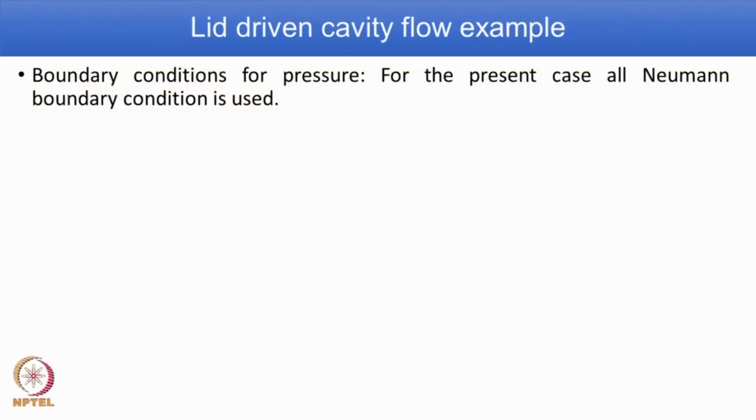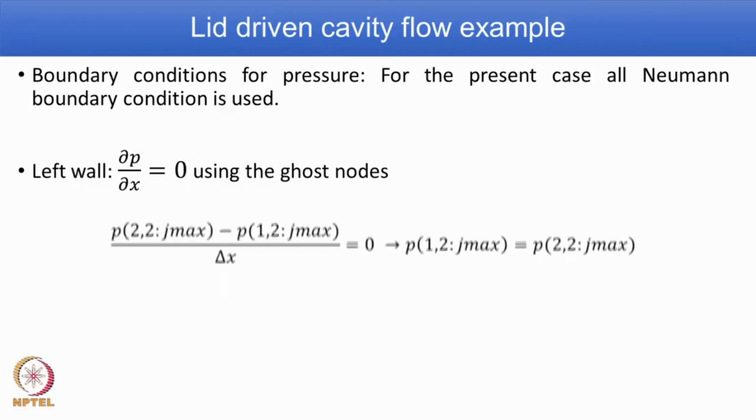Now, we have to enforce the boundary condition for pressure. For the present case, that is for the pressure, we enforce the boundary condition in the form of a Neumann type. For velocity, we enforce through Dirichlet boundary condition. So, on the left side wall dou p by dou x equal to 0, and using the ghost nodes we have extra ghost nodes to enforce the boundary condition.